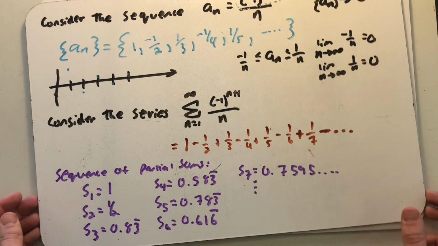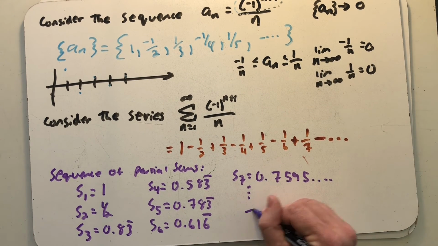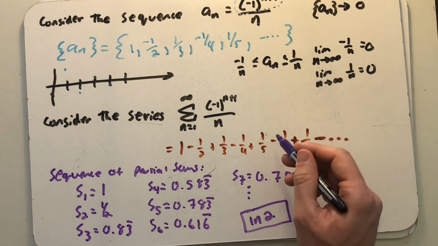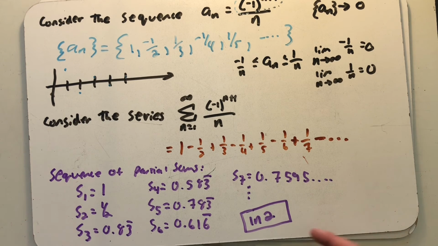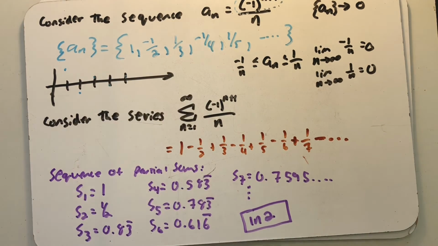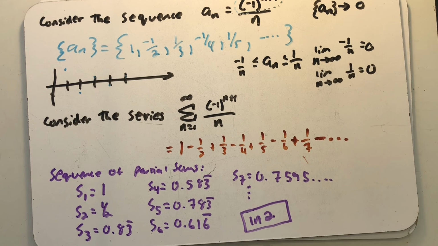We're not going to show that formally in this video, but it's kind of surprising maybe to learn that this sequence of partial sums converges to the natural log of 2, about 0.693. That's the value we're bouncing around as we add and subtract other values.